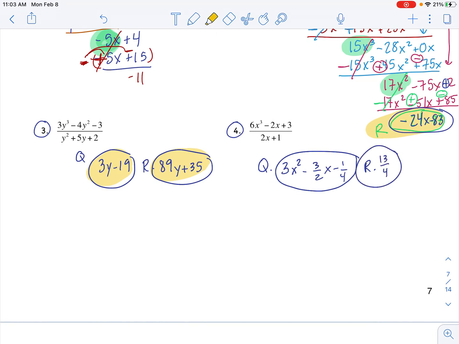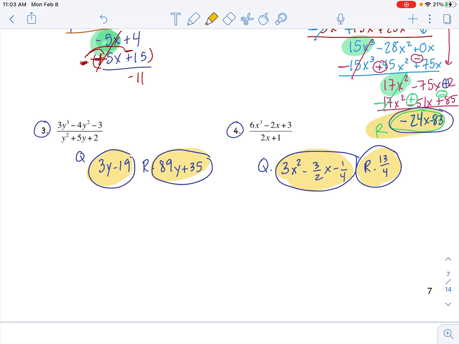You got it as a fraction. Okay, so that was the quotient and remainder. Again, the answer key is online, so if you made a little mistake, my guess is it's probably with distributing that negative and subtracting off that second line. That's usually where we make our mistakes.